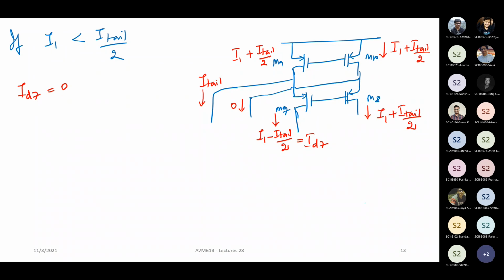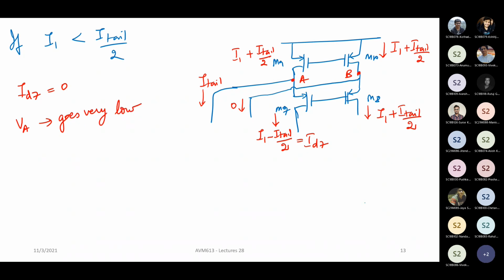You cannot pump current from the reverse direction because you have a current sink at the bottom. So the only thing that can happen is ID7 goes to 0, and let's call this node A and this node B, and VA goes very low.